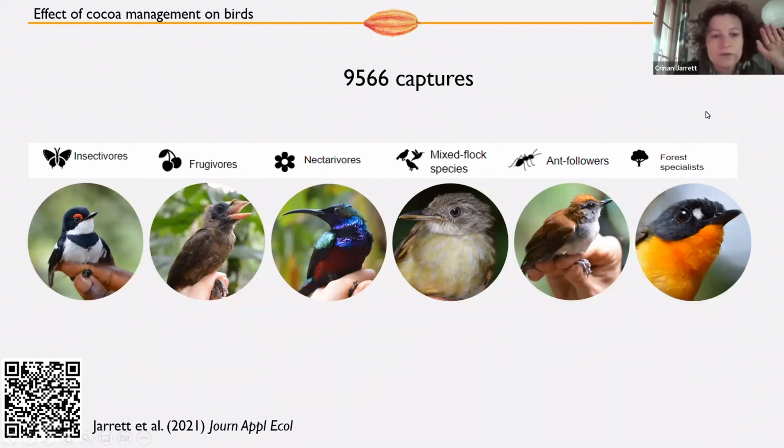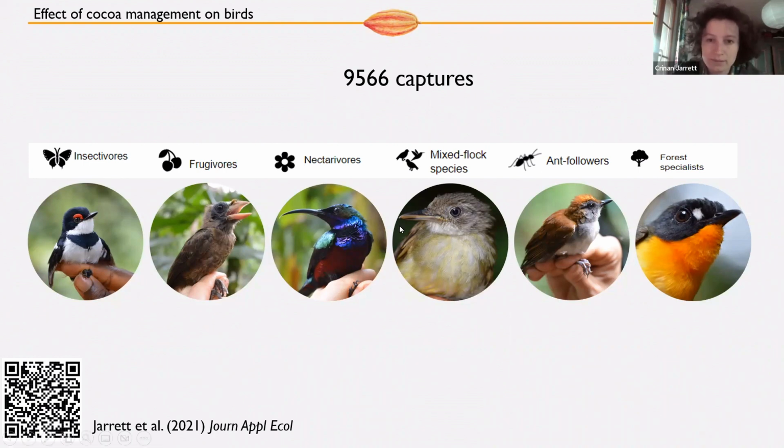So that's the differences in terms of diversity. Then we wanted to look at what the differences are in terms of community composition. Of the roughly 9,500 captures in my data set, I grouped them into guilds. First we have 3 common guilds: insectivores, frugivores, and nectarivores, which I don't need to describe. Then I also added 3 foraging guilds, which are important in rainforest habitats.